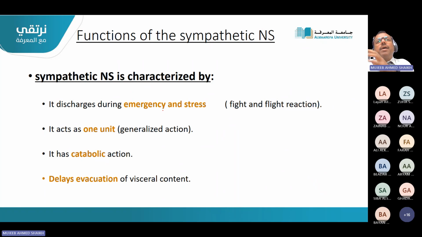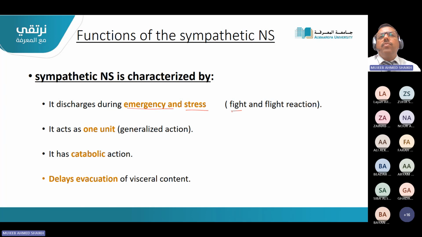In some conditions, parasympathetic will be overstimulated. But in normal conditions, both systems are functioning equally, same amount. One will be more active during specific conditions, like sympathetic will be more active during emergency or stressful conditions.